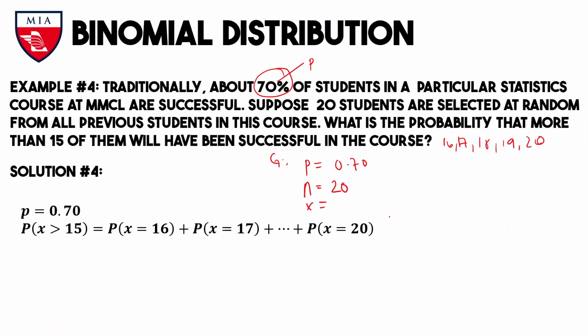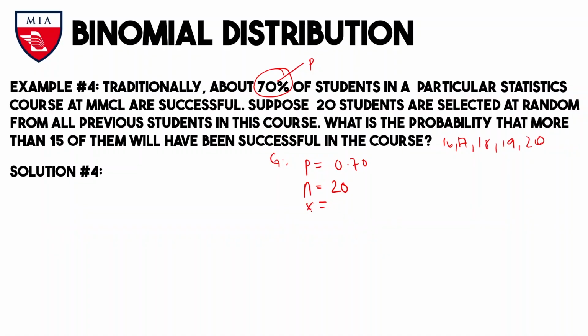Okay. So we have x1 is 16, x2 is 17, x3 is equal to 18, x4 is 19, and x5 is 20. So for the required, we need to find the probability of x greater than 15.